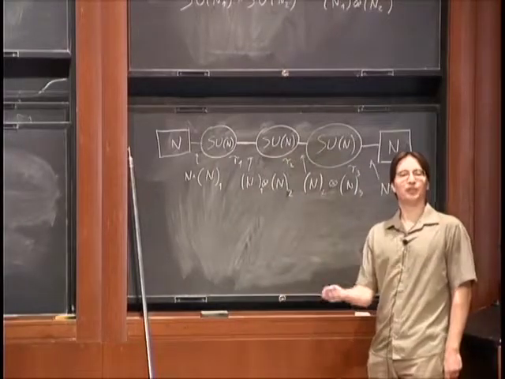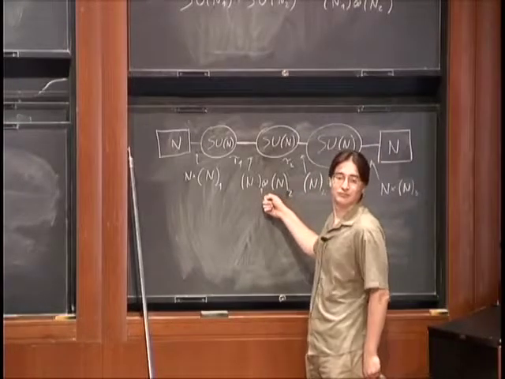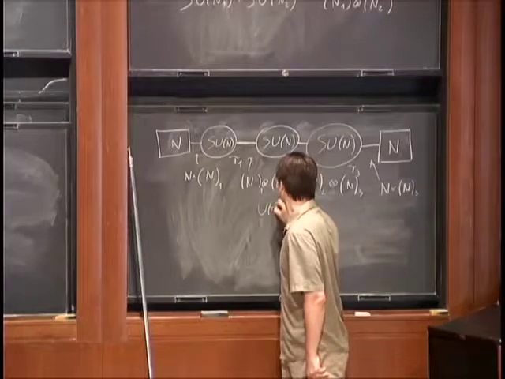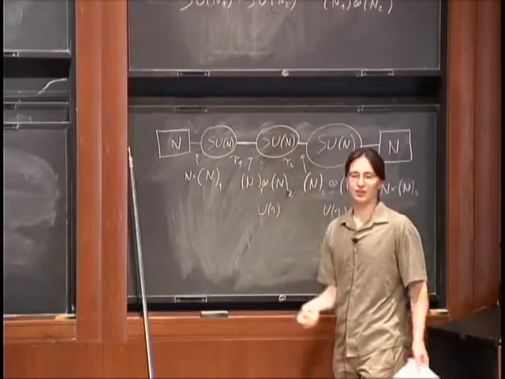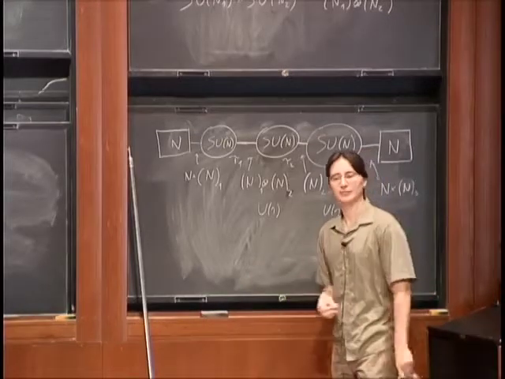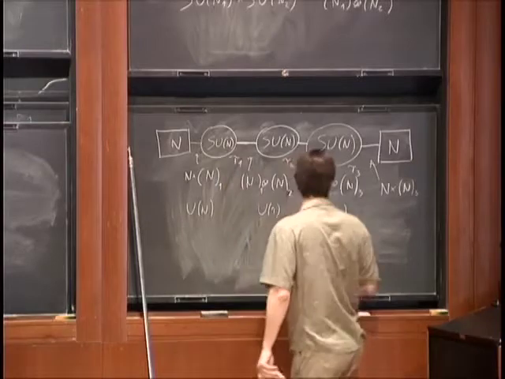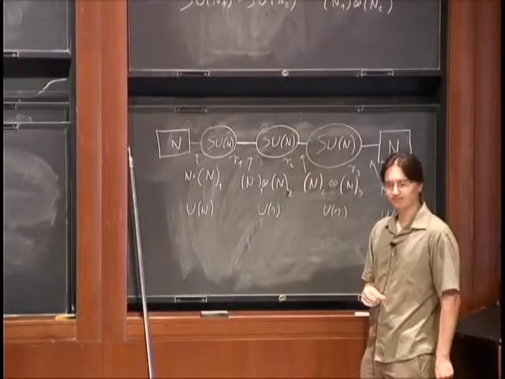So what is the flavor symmetry of this theory? I have U(1) times U(1), because each of these is a representation of the gauge group which appears once. And then I have U(n) at the 2 ends. Okay?